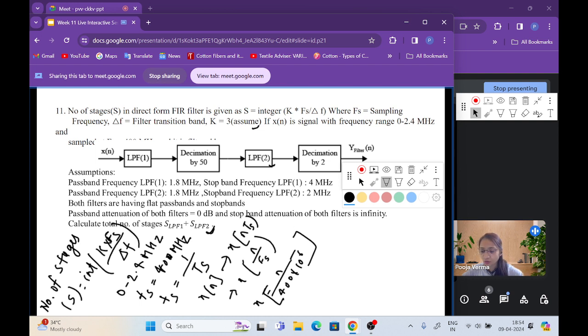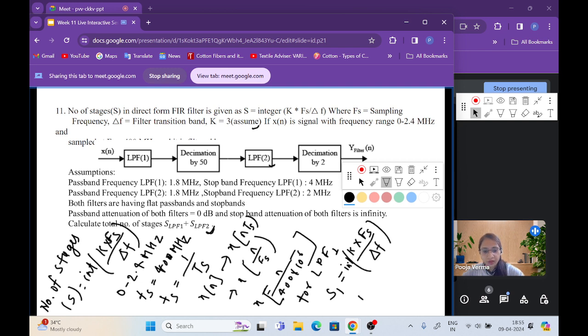So input x of n after sampling. For low pass filter 1, the number of stages is represented as S1. It is given as integer of k into Fs divided by del f, it must be an integer function, right?